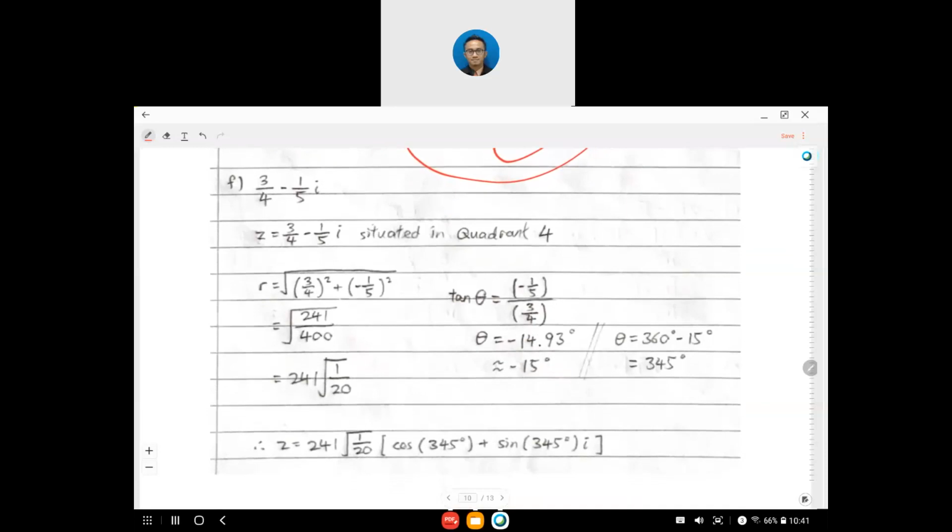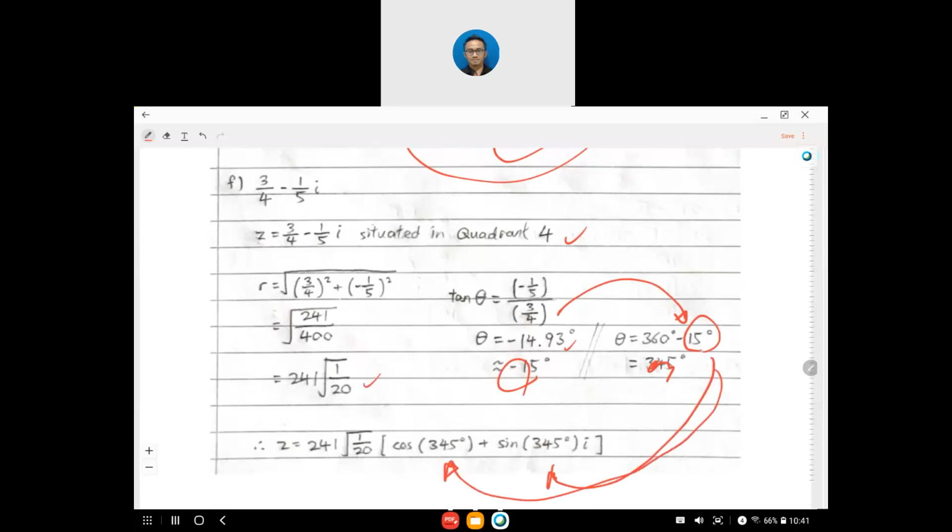Three over 4 minus 1 over 5i. And then situated in quadrant 4. So quadrant 4, you need to find the R. You can get square root of 241 over 120, and then 14.93, the same thing, this value, and then change.